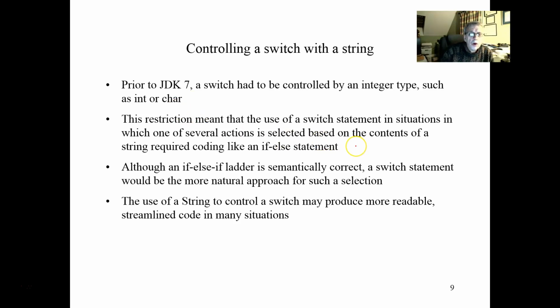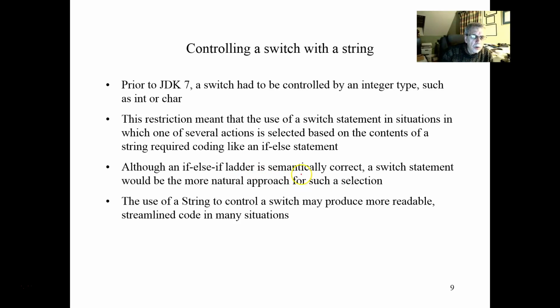What that meant was if you were dealing with strings, you had to do your comparison and do the control flow for the execution of the program by using an if-then-else type of structure. You could not rewrite it using a string. It turns out that we are now able to use the switch statement with a string, which makes it much more flexible.